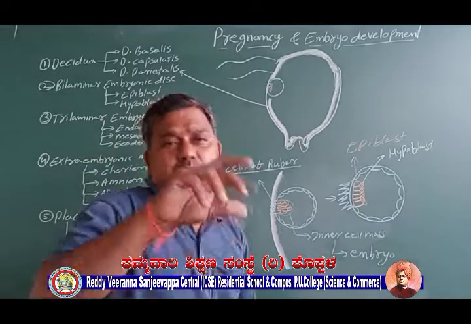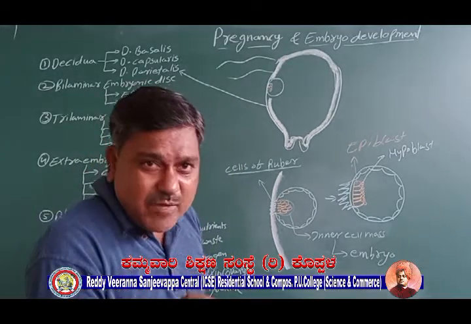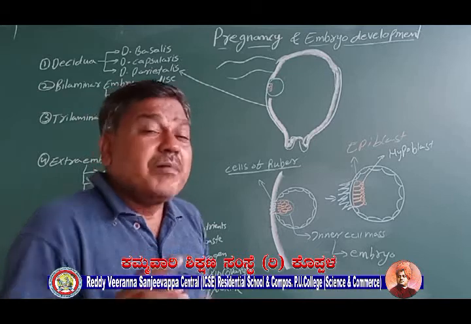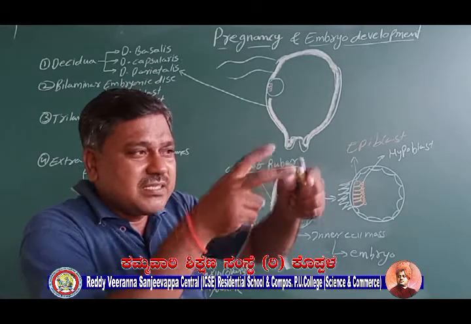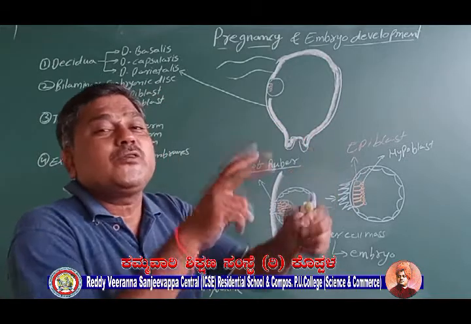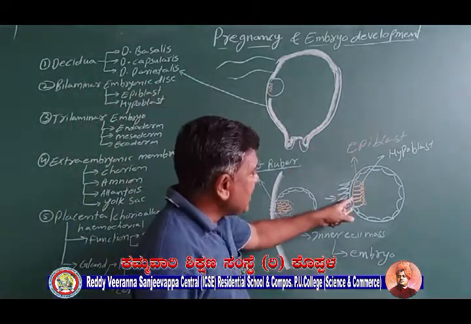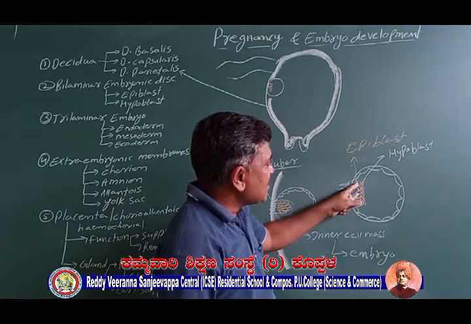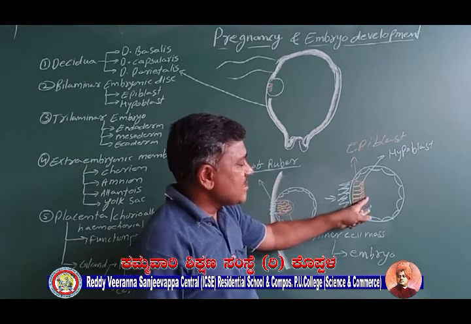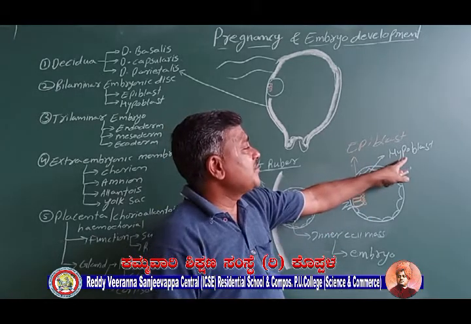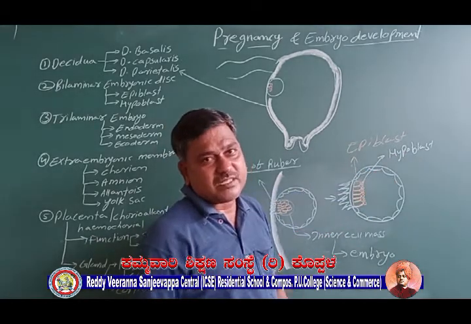Inside the blastocyst, the inner cell mass develops into the embryo. But how? Initially this inner cell mass adjusts itself into two layers. One layer is made up of large cells, which we call epiblast, and another layer is made up of small cells, which we call hypoblast.